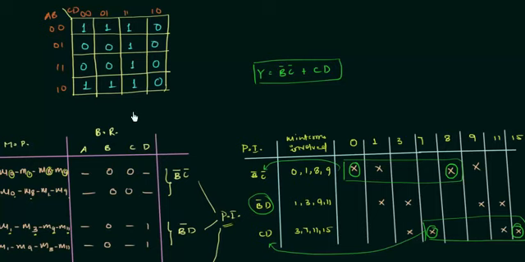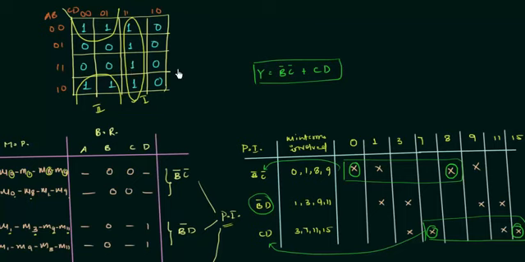So this is what we have, and this is our first prime implicant, and this one is our second prime implicant, and they are essential prime implicants because this one cannot be combined in any other way, and these 2 ones cannot be combined in any other way.